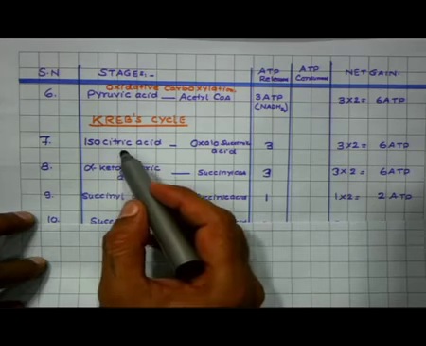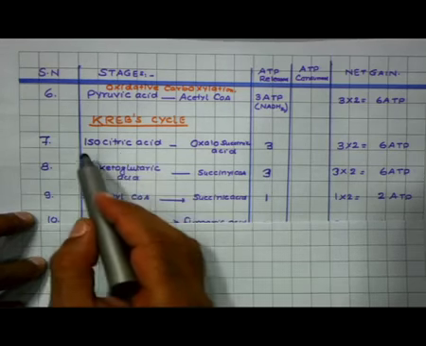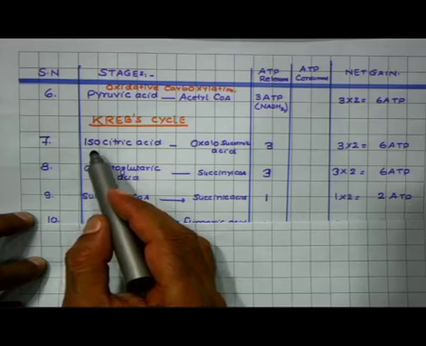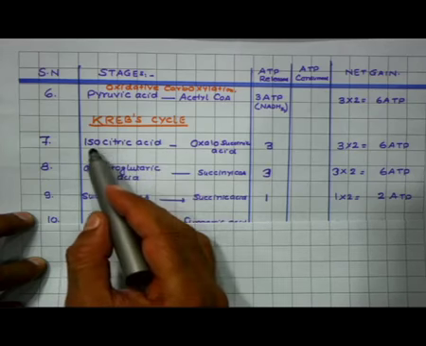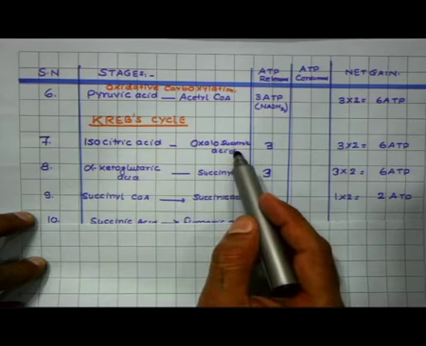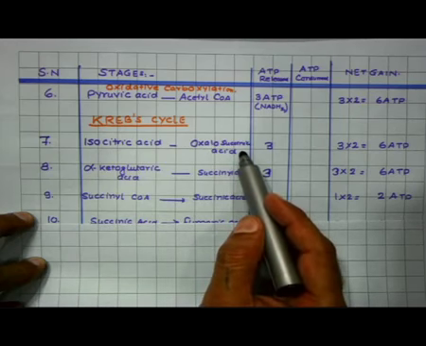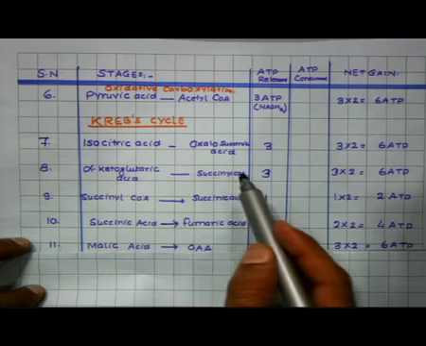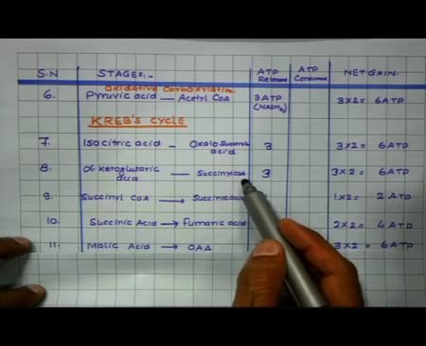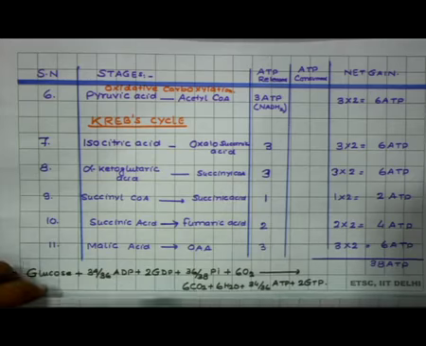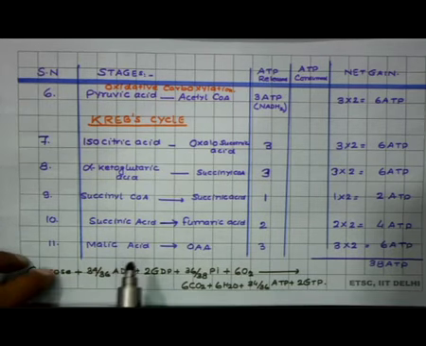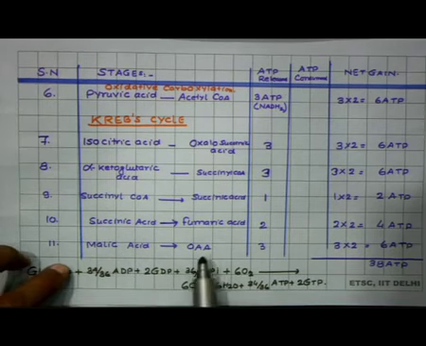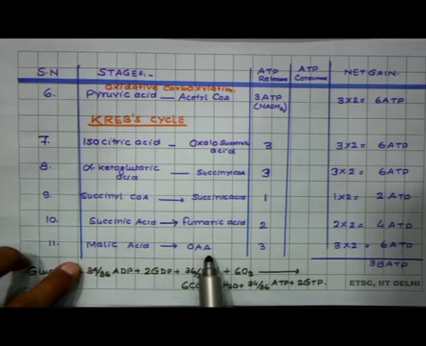Now, in Krebs cycle we have seen the first NADH2 is formed when isocitric acid is converted into oxalosuccinic acid, the second when alpha ketoglutaric acid is converted into succinyl coenzyme, and the third when malic acid is converted into oxaloacetic acid.